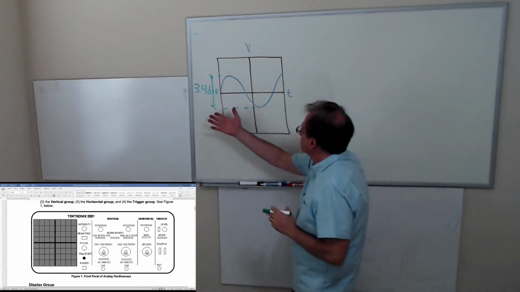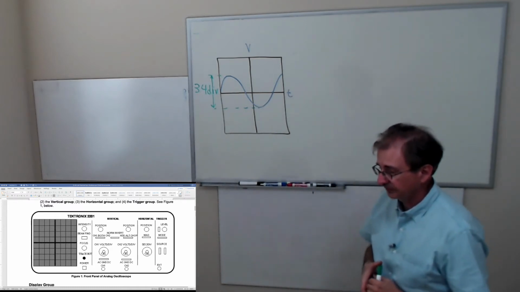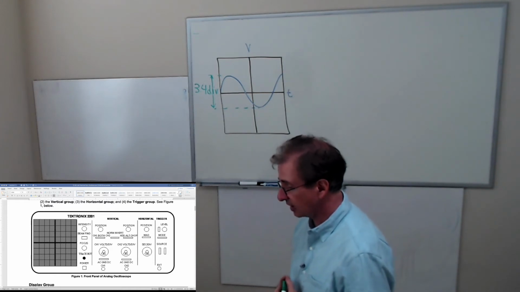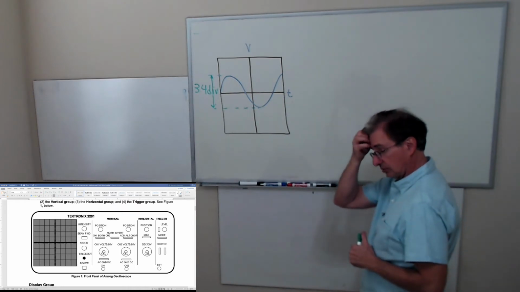Now, how many volts does this correspond to? It just says divisions. So that's going to depend on the scale you're at. You can change the scale setting on the scope.